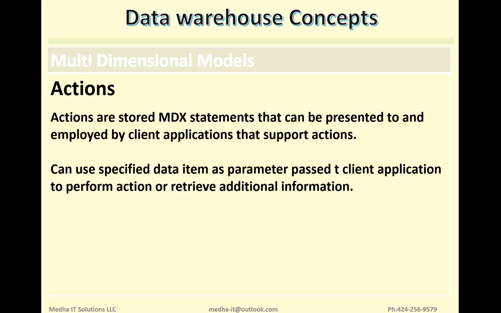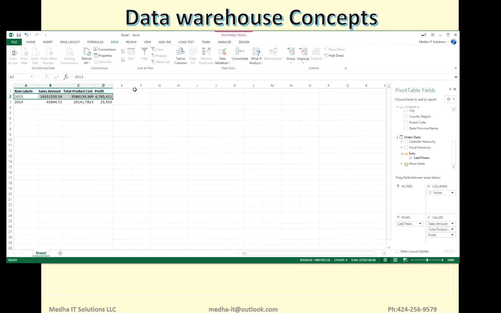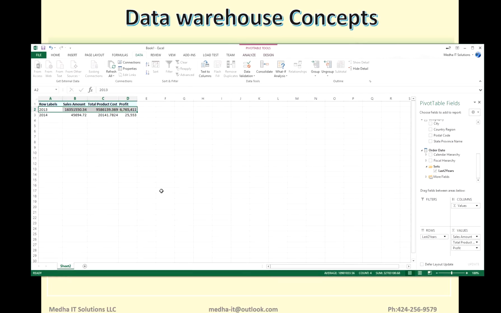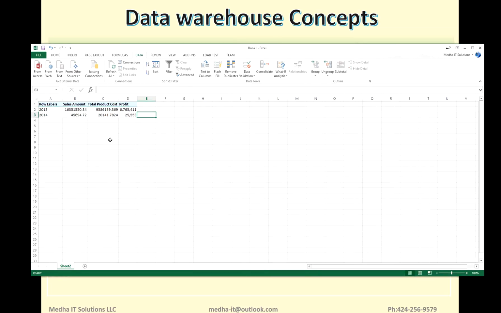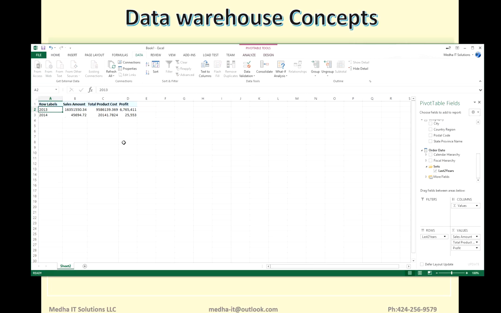So, for example, in our Excel here, this is our report, right. In this report I am showing 2013 sales amount is some amount, right. What if I want to see the detailed report of this particular measure? When I say 2013, that includes all the products, all the customers, everything.